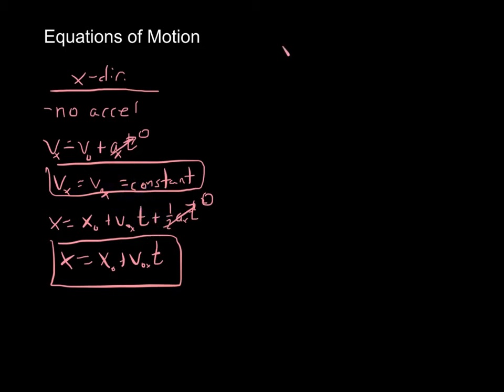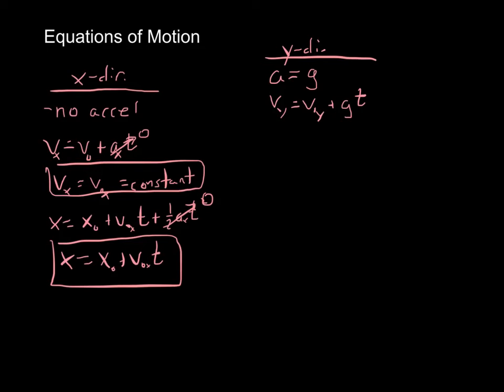In the y direction, we do have acceleration, and our acceleration in the y direction is equal to g. It's the acceleration due to gravity, which you'll plug in as negative 9.8 meters per second squared. So for our first equation, velocity in the y direction is going to be initial velocity in the y direction plus gt.